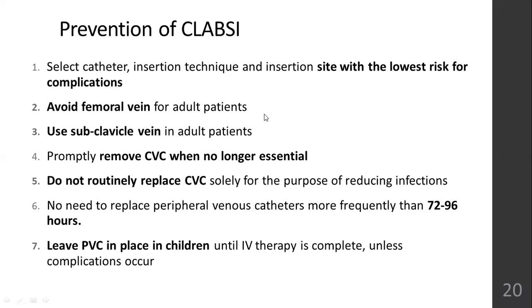Once it is secured, use it as much as possible. Until and unless there is complication, no need to frequently replace the PVC in children. And also develop surveillance system for central line associated infection.